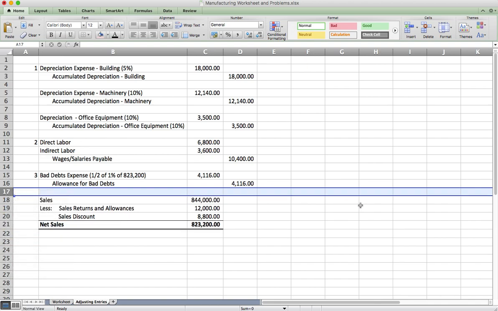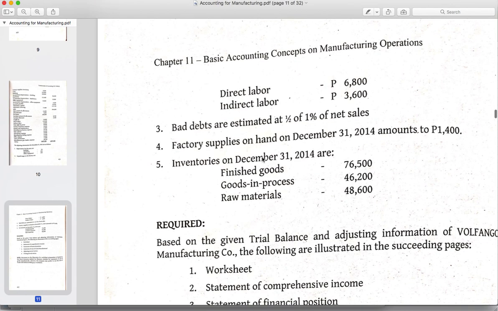Ano pa? Factory supplies on hand. Pag nakabasa kayo ng factory supplies on hand, ibig sabihin, class, they do not lump the indirect materials with the raw materials inventory. They are separating the indirect materials in recording it in their books. They use factory supplies on hand. These are the indirect materials.